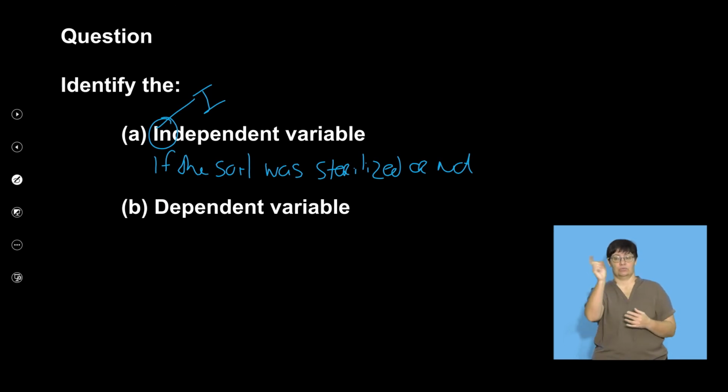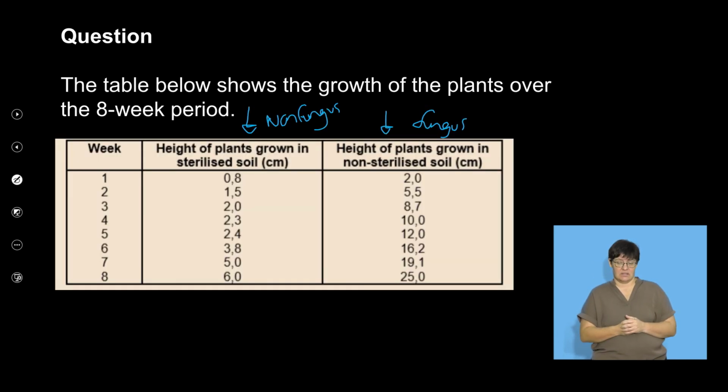So if I go back to the next one, what is the dependent? Dependent is results. What was I looking for? I was looking for whether the plants grew or not. Are they going to grow or are they not going to grow?